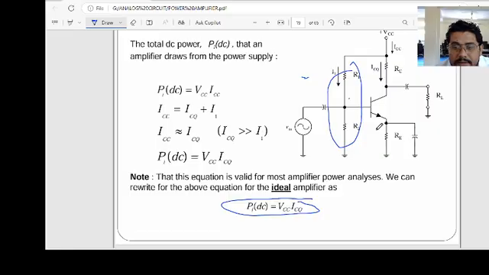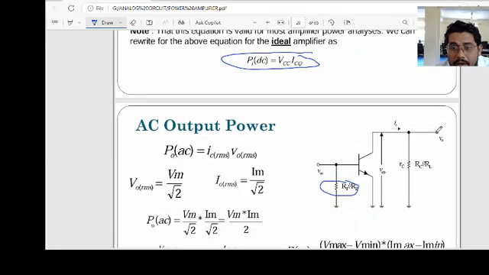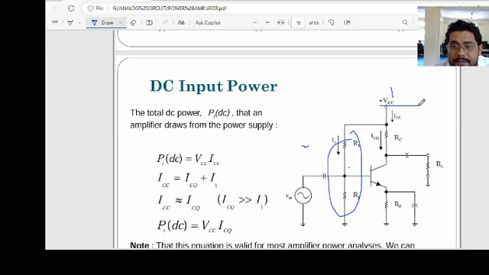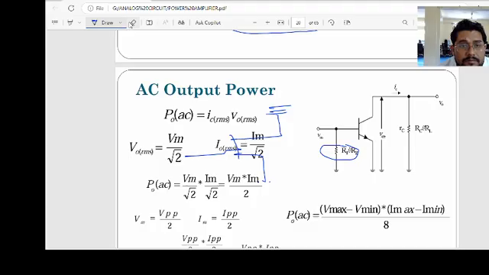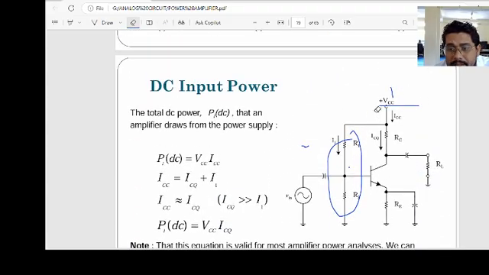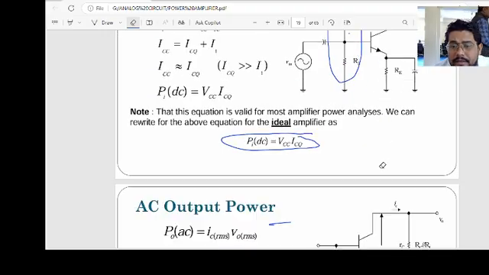For AC analysis, how will we draw it? This is the DC, and all the DC inputs must be 0. So we can draw the circuit like this. Suppose this is the transistor for AC analysis. We make the DC sources grounded, so RC and RL look like a parallel connection.